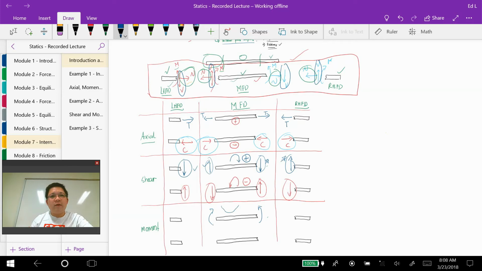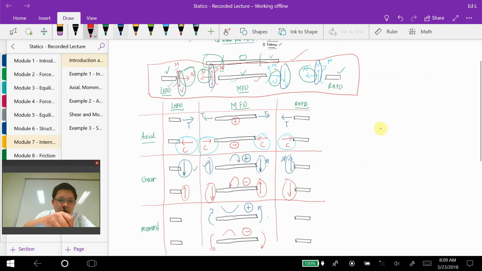So it's like people smiling, like a smiling face. So in here we have a positive sign convention. On the other hand, if we have couples that act at both ends of the middle free body diagram that cause a sad face, then in here we have a negative sign convention.